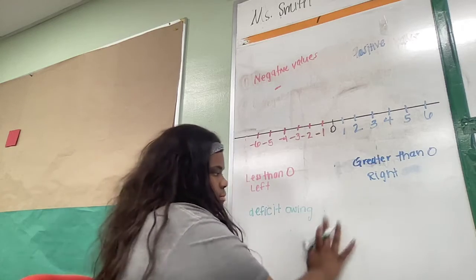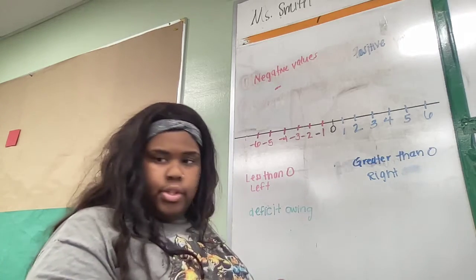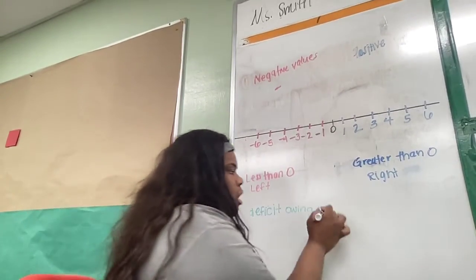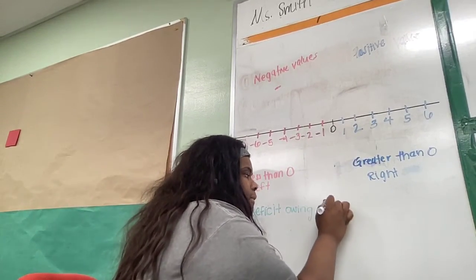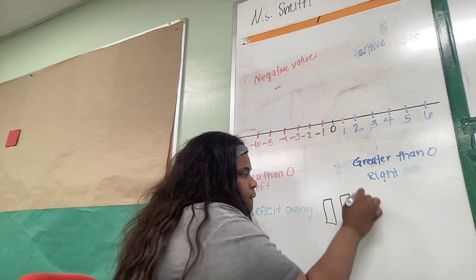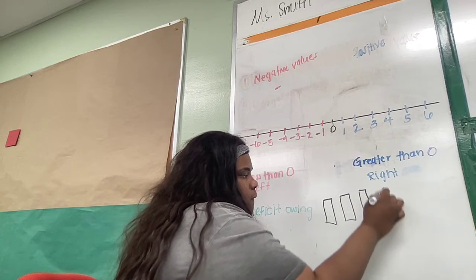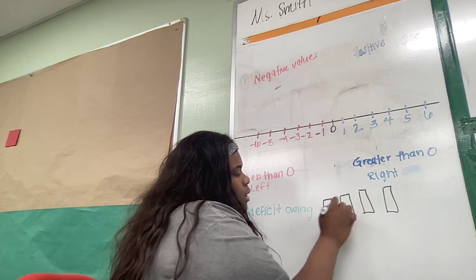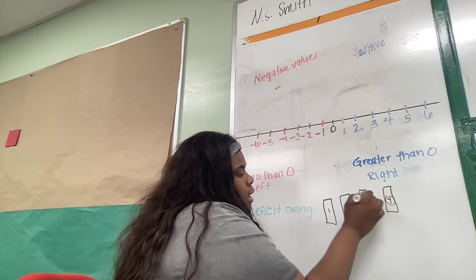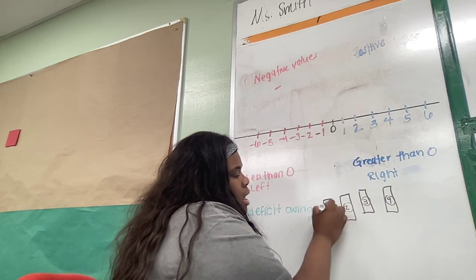And let's draw these dollars out. Let me use black because you can't really see that. So you have $4 in your account. One, two, three, 4. Let's pretend.